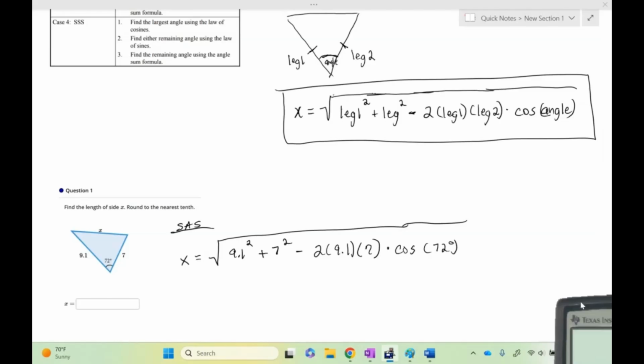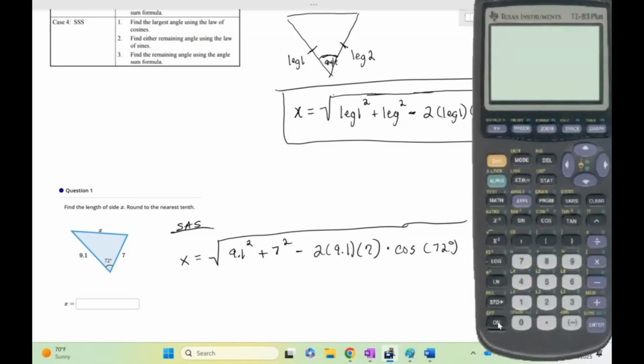I'm going to put it all in the calculator as one step, and you want to be careful to keep up with your parentheses. Whenever you're putting parentheses into the calculator, just remember you should always have an even number of parentheses. For every beginning parenthesis, you should have a closing parenthesis.